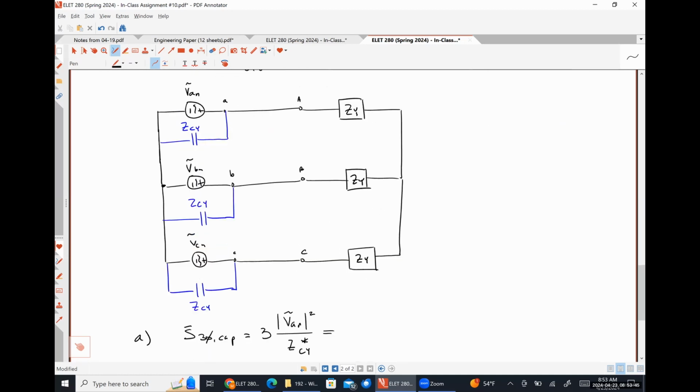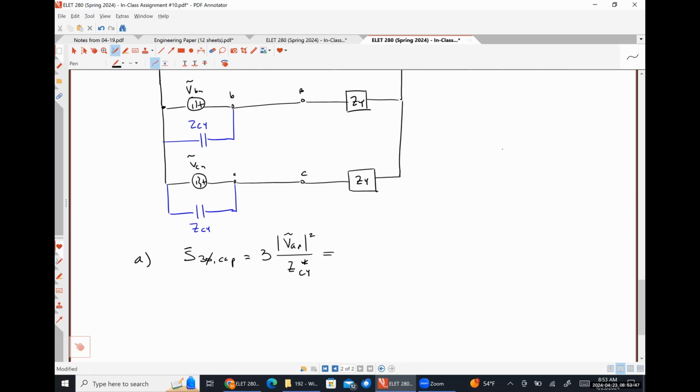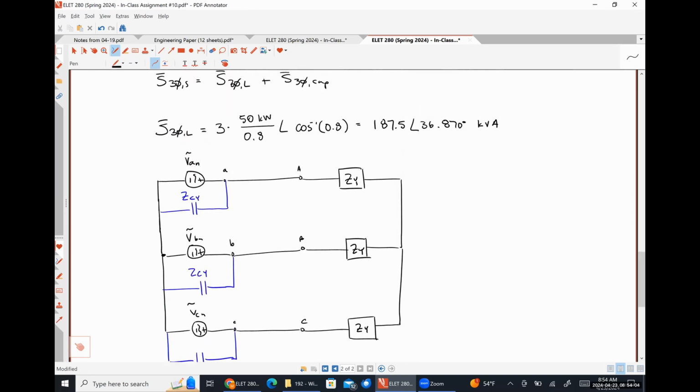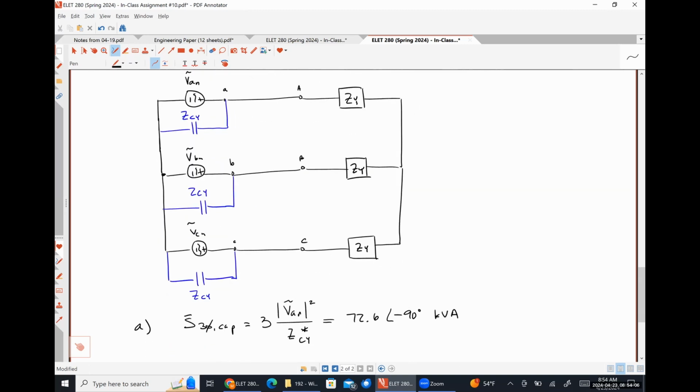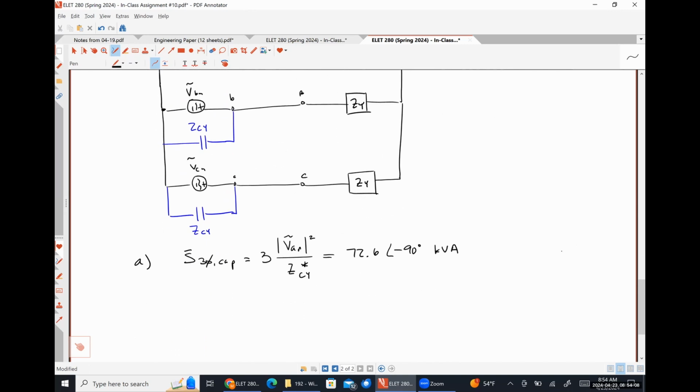And so I get 72.6 angle negative 90 degrees kVA.